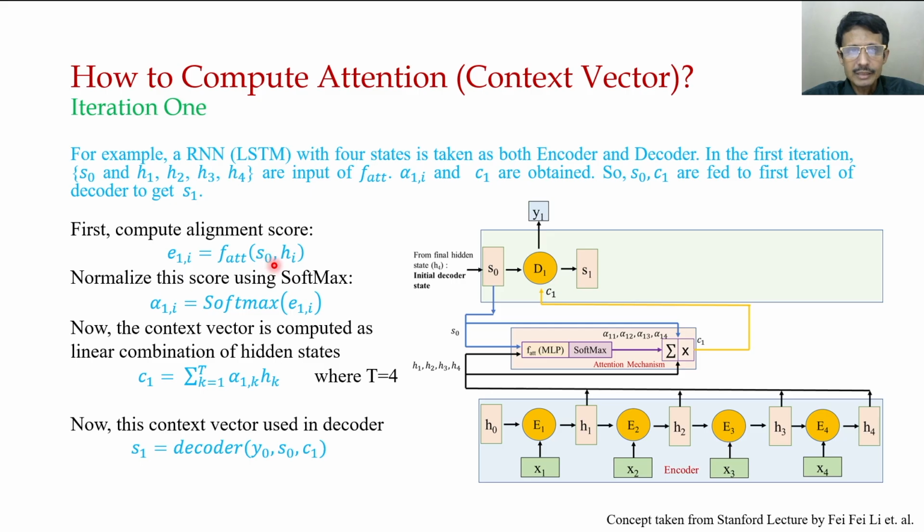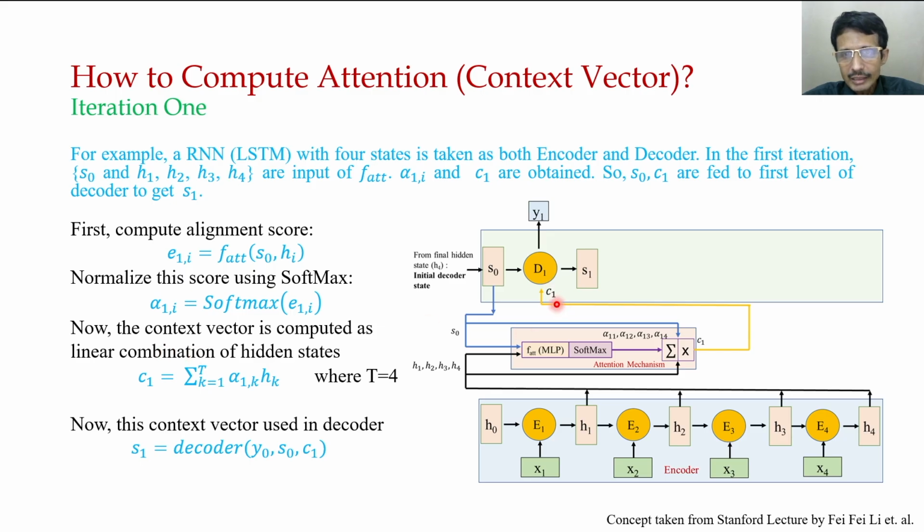So F attention takes h_i for i equal to 1 to 4 and S0, only S0 being available. And it computes alpha_{1i}: alpha 1,1, alpha 1,2, alpha 1,3, alpha 1,4, the softmax of e_{1i}.